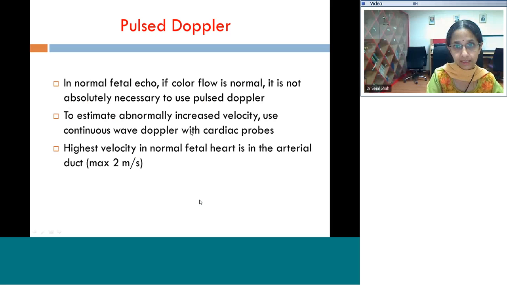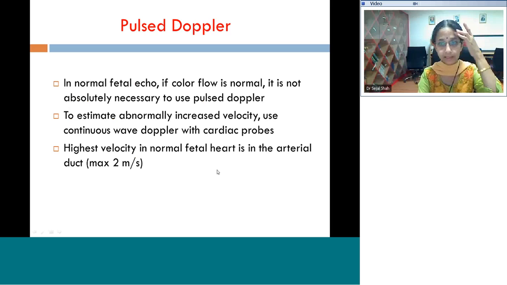Coming to the second understanding of pulse Doppler. Now what does the pulse Doppler do? Whenever the color Doppler is normal, it is not always important to pulse Doppler every single structure. However, whenever you see an abnormal flow, you should Doppler the structure to document the velocity which is increased, normally with a pulse Doppler, but sometimes you may have a velocity which is more than what a pulse Doppler can take.